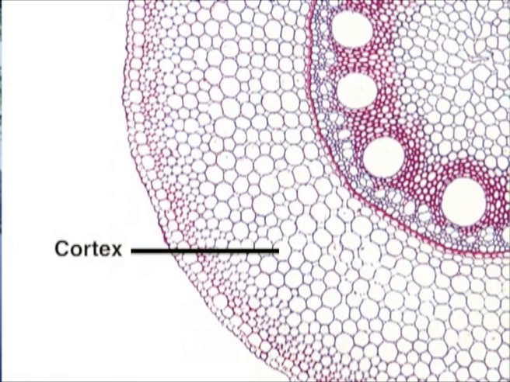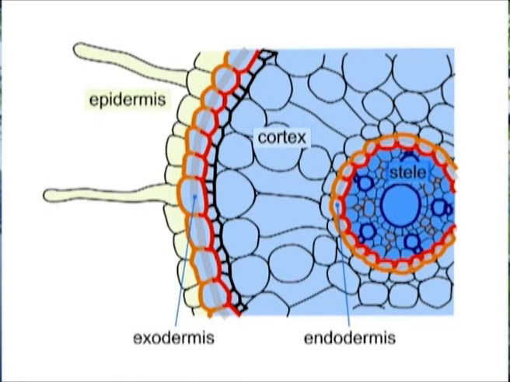Cortex. Cortex is massive, which consists of thin walled polygonal parenchymatous cells with sufficient intercellular spaces. In old root of maize, few layers of cortex below epiblema undergo suberization and form multi-layered exodermis. This is a protective layer which protects internal tissues from injury.